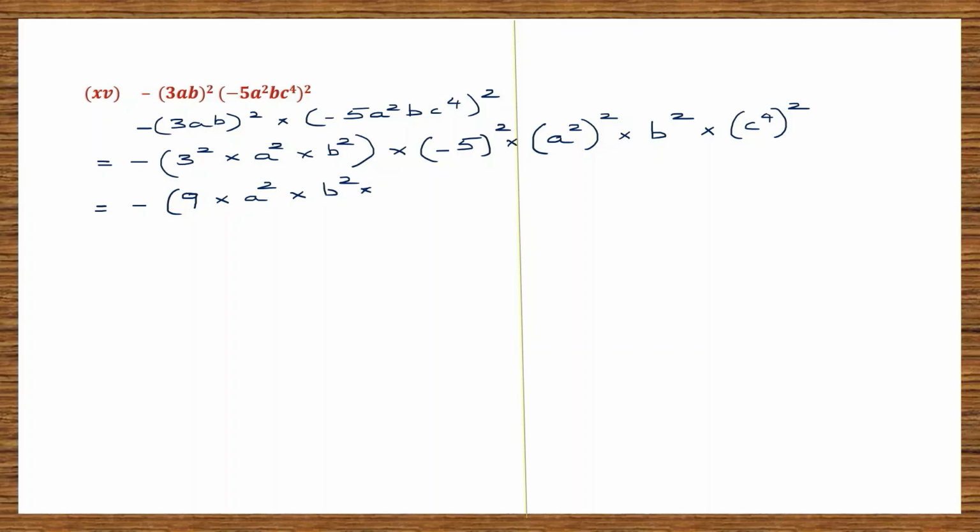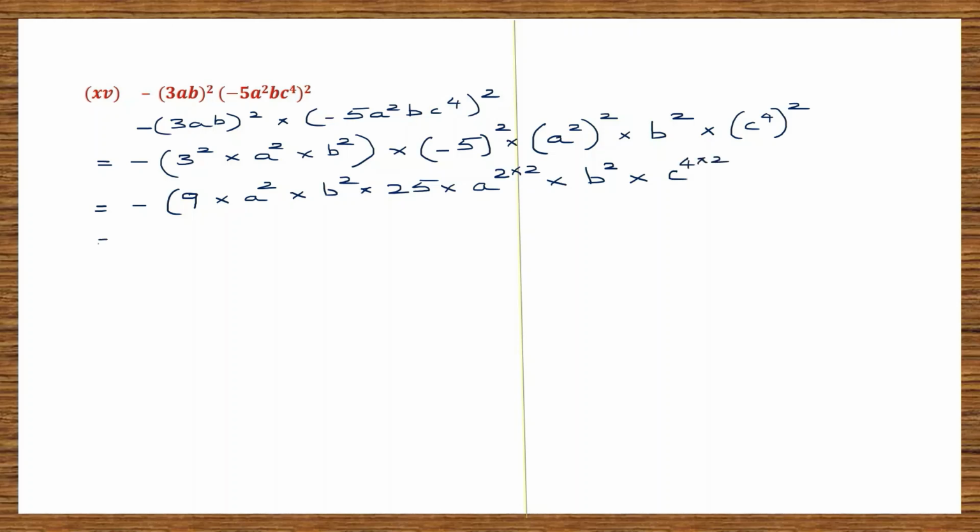Minus into minus is plus. 5 into 5 is 25. So numbers you multiply if they don't have a similar base. Into, now here we have a to the power of 2 and again it's raised to 2, that means 2 into 2. Into b to the power of 2, which can remain the same, into c to the power of 4, which is again raised to the power of 2, that means 4 into 2.